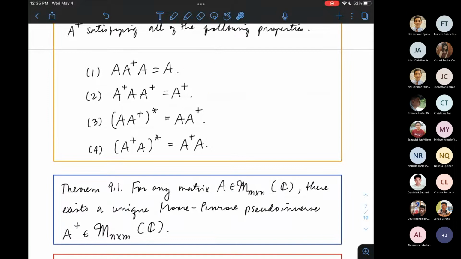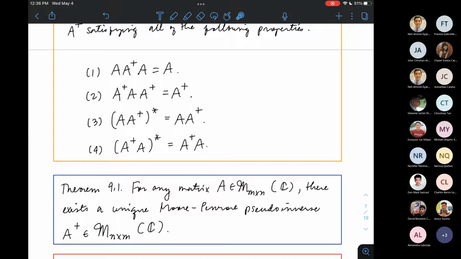And you will see that you will get 4 identities. Dahil na-satisfy ni A plus as defined in Theorem 9.2 etong apat na equations na yan, madali lang yung i-verify. Computational lang naman siya. Or using properties of the Moore-Penrose Pseudoinverse, pero hindi na natin siya gagawin sa klase. Hindi ko na yun ipapaprove.